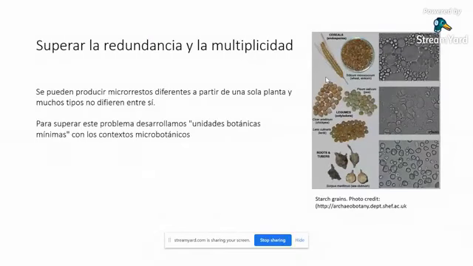So to take that into account and to look at this from a statistical perspective, because most people doing this kind of work aren't applying much statistics, we developed an index, which I called minimum botanical units, just like minimum number of individuals in human osteology.